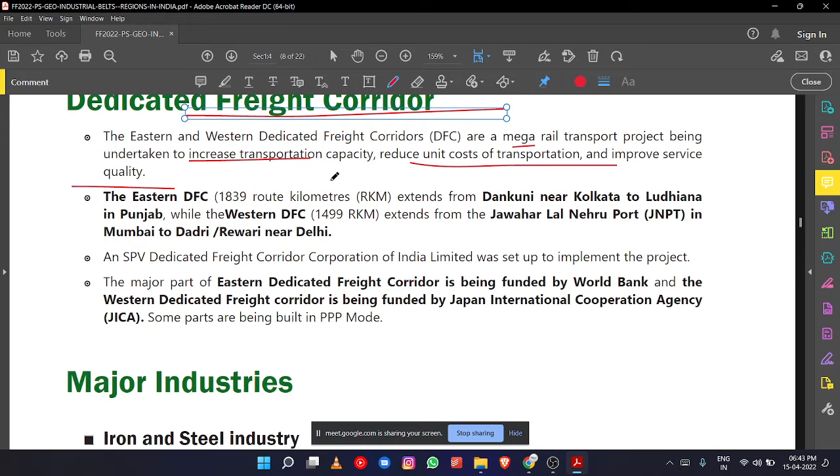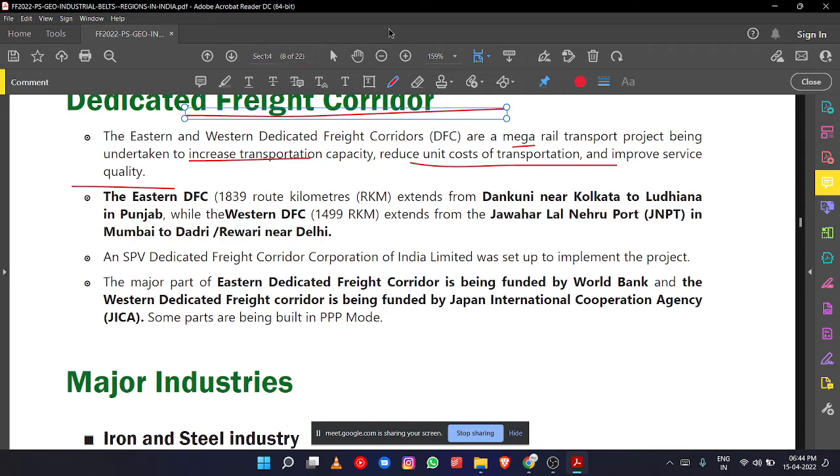But in India, road transport is playing a major role because of delays in railways and the absence of enough railway network or dedicated freight corridors. So that's why now government is trying to focus upon increasing the transportation capacity of the railway sector in India.